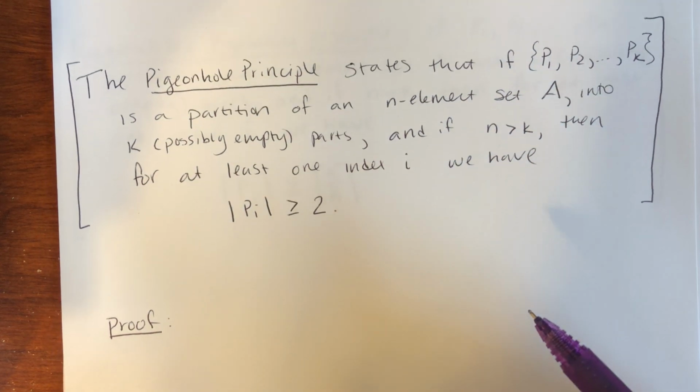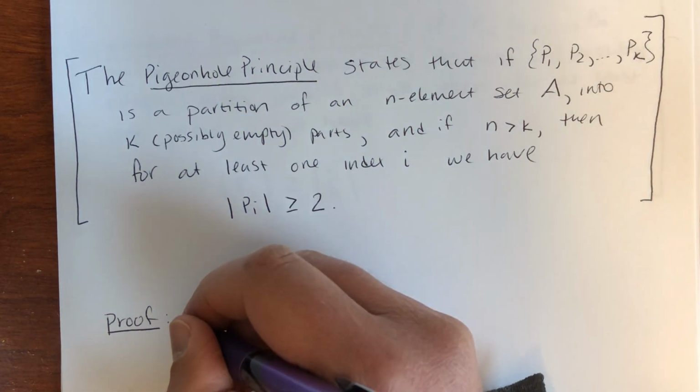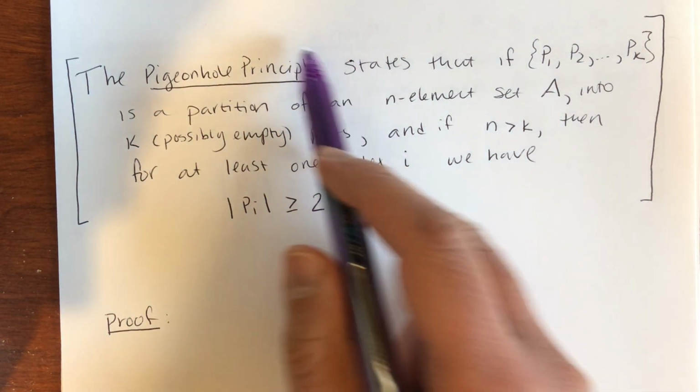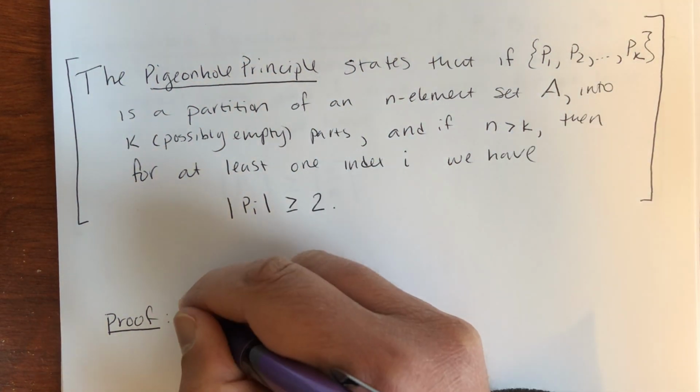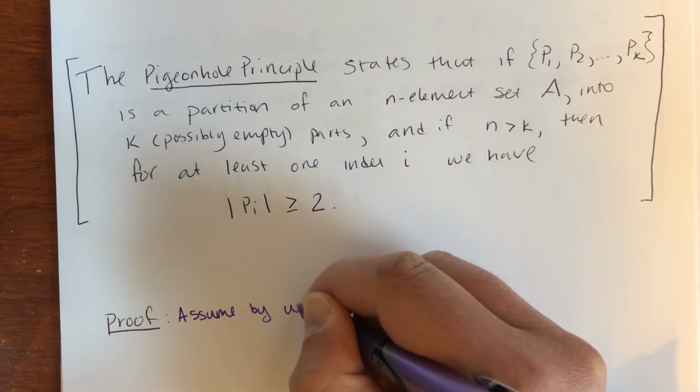And this is a pretty straightforward thing to prove if you use proof by contradiction. Right? The way the proof by contradiction works is we assume that this principle is not true. Assume by way of contradiction that this is not true.